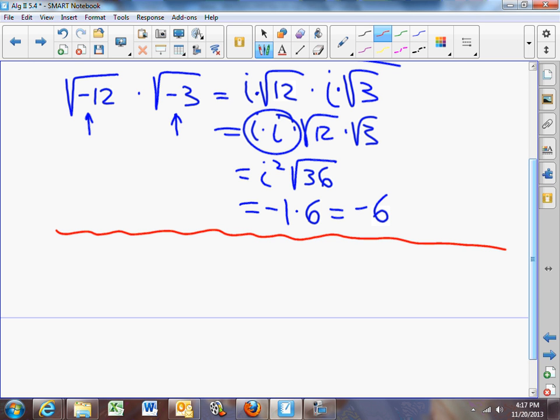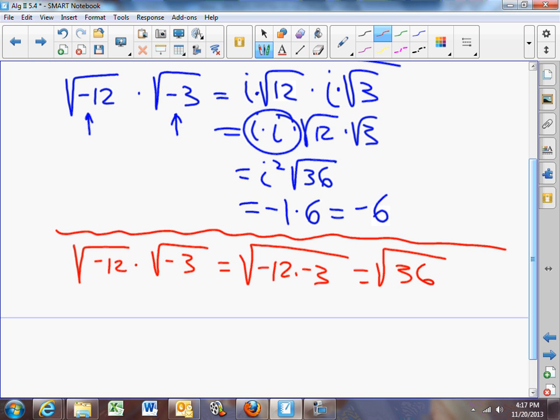So let's go back. Square root of -12 times square root of -3. If you just said that is the square root of -12 times -3, that becomes the square root of +36, which becomes 6. In this case, 6 is referred to by all mathematicians as the wrong answer.